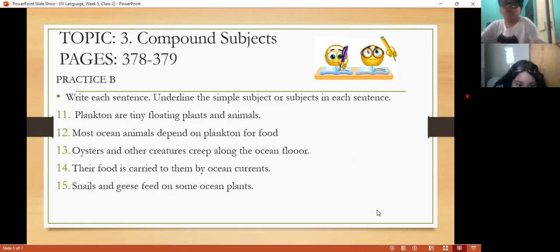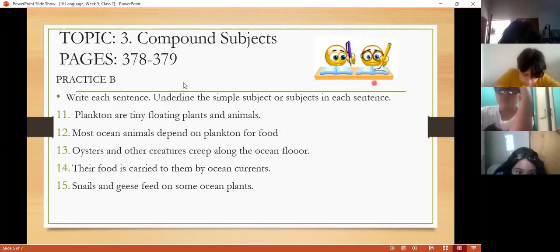In the first one, I identify plants and animals. Let's see number 1. Read sentence number 1, Rebecca. Plankton are tiny floating plants and animals. Now, what is a subject? You remember that we identify subjects and predicate.